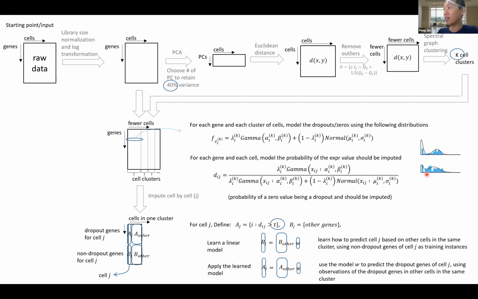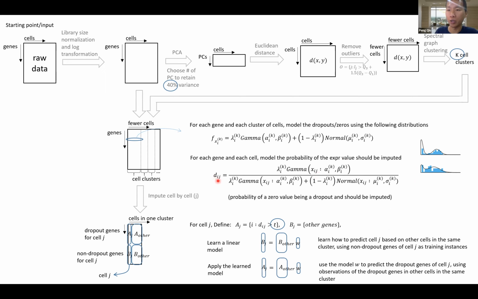So a zero is kind of within the variation of the non-zero values we see, and therefore we don't have strong evidence that these zeros are not supposed to be zeros. So they have these statistical formulas to compute, using the intuition I just mentioned, the likelihood of a zero being a technical artifact. And that's this Dij here.